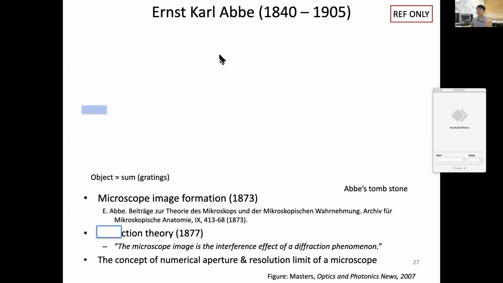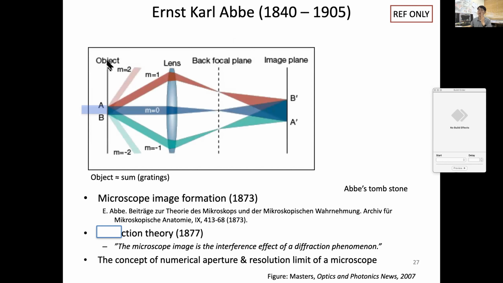That concept can be described here. An object can be considered as a grating, and you send the light wave, and of course the zeroth diffraction order passes through, but there are first order plus and minus diffraction and second order diffraction. But our lens is finite, so let's say in this case we lose the m plus and minus 2.